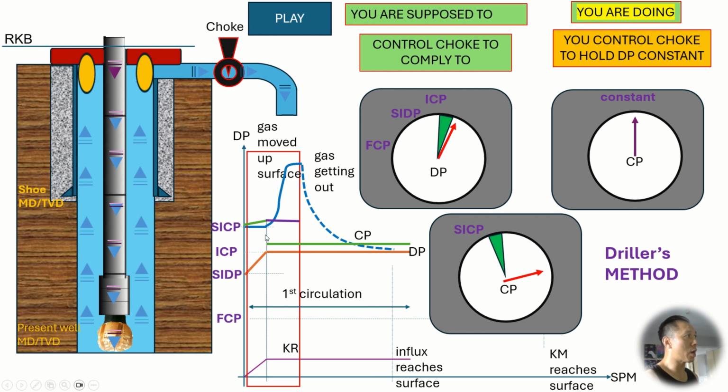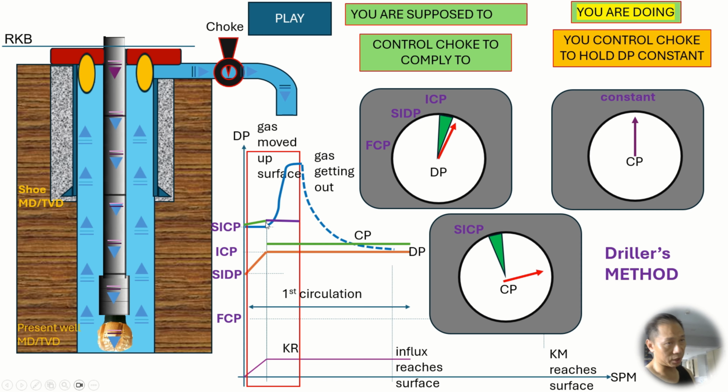When we get the pump from 0 to Q rate, this line is the pump stroke counter. The drill pipe pressure will increase from shut-in drill pipe pressure to ICP, this orange line. On the casing pressure gauge, we stick with the shut-in casing pressure and give ourselves a safety margin. The green line here is the safety margin.